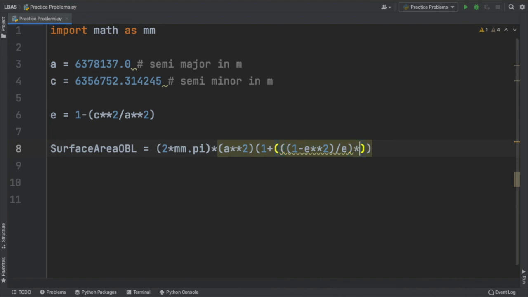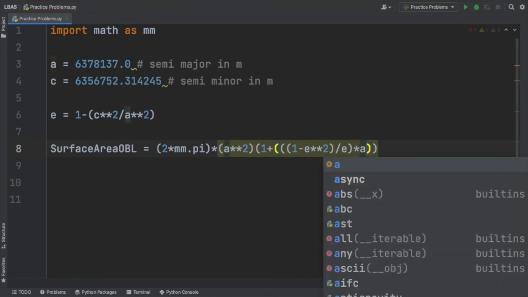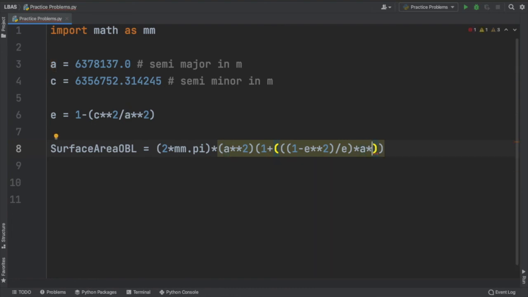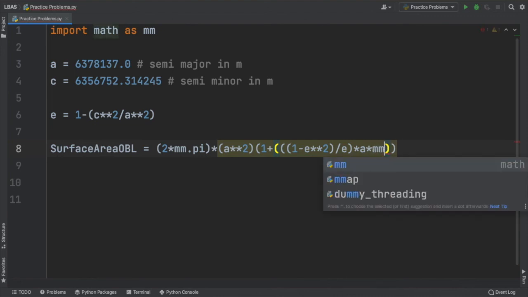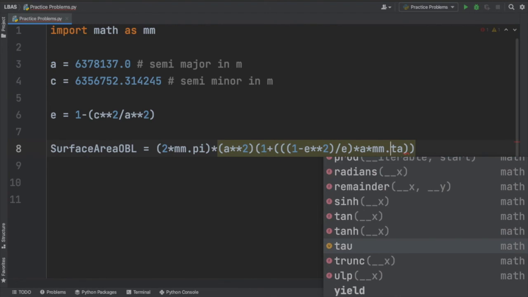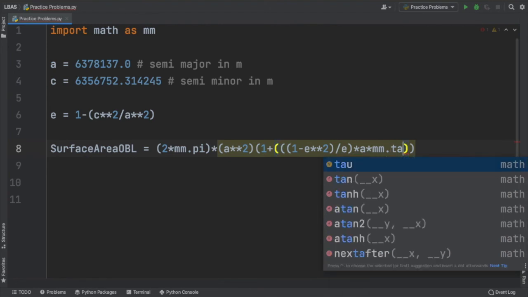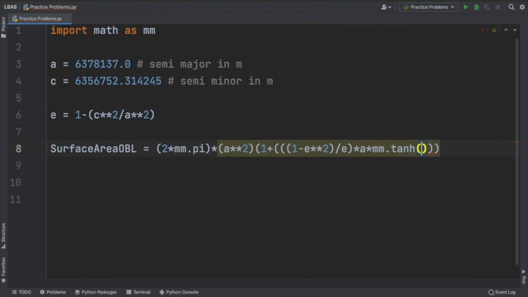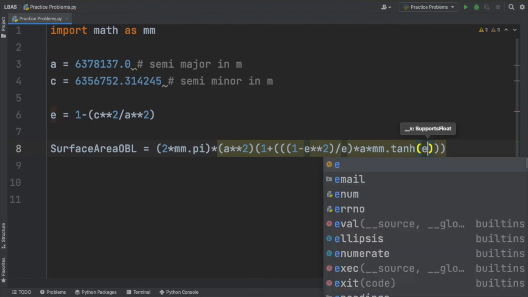Into arctan, m dot tanh, it's a function, and then of e.